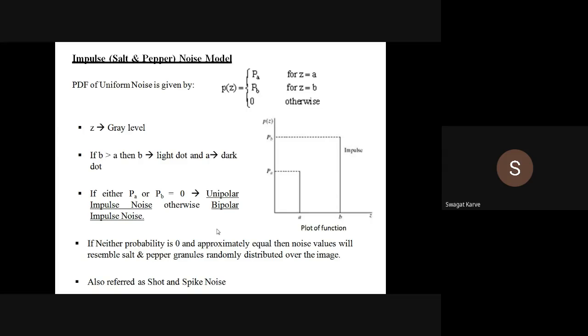And what is a noise model? It is your degradation model, right? First we have to identify which noise causes the image to degrade, and then using these mathematical formulas we can design that noise degradation model to remove that noise. So this is the main purpose of using these noise models.